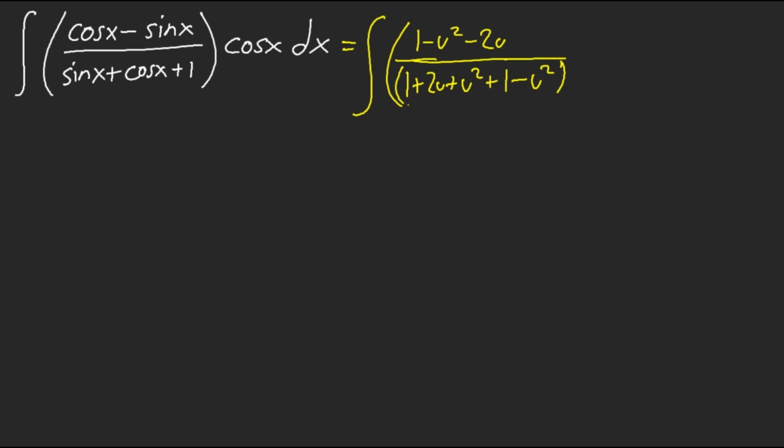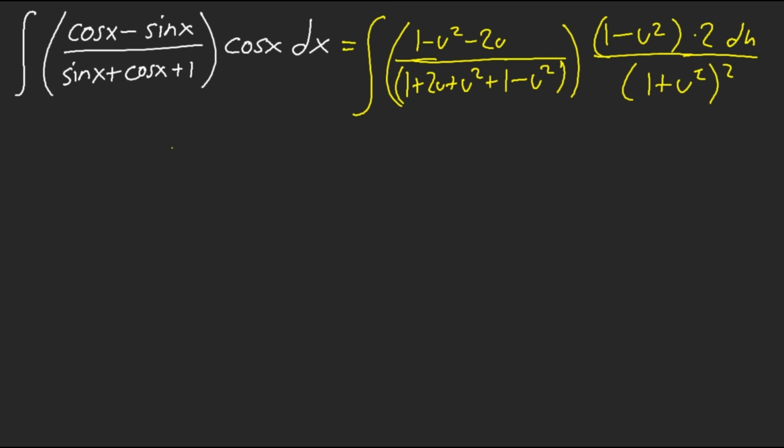Okay. And then we also have cosine, 1 minus u squared, times 2 du over 1 plus u squared, squared. Oh God. Okay, so we have 1 minus u squared minus 2u. I don't even know what to do with this.